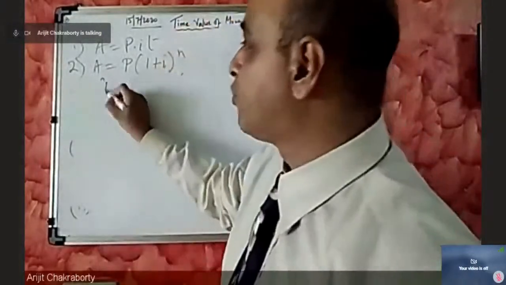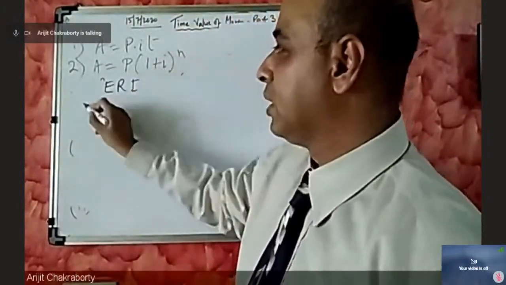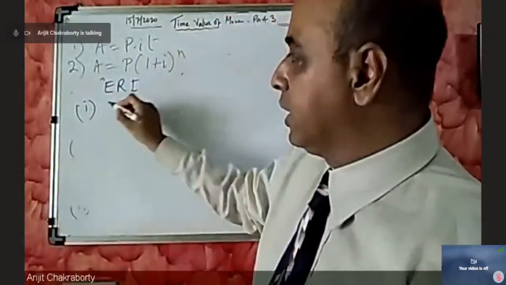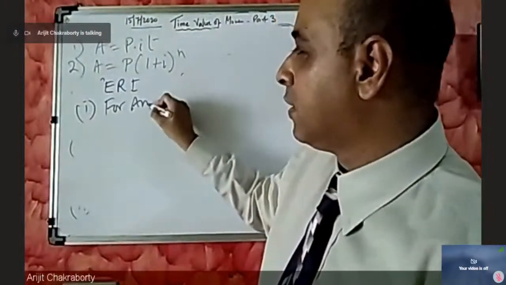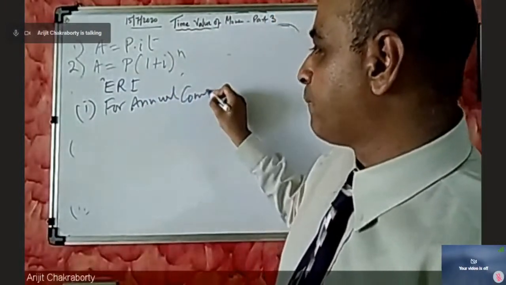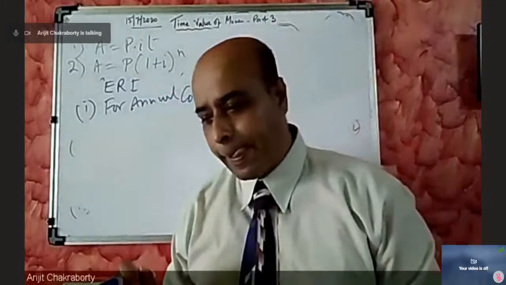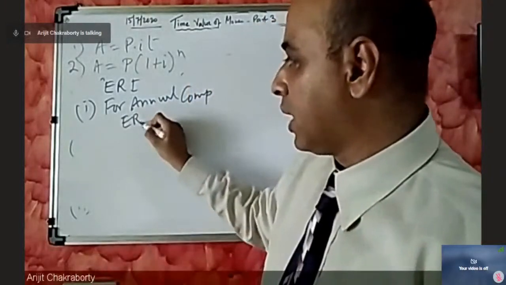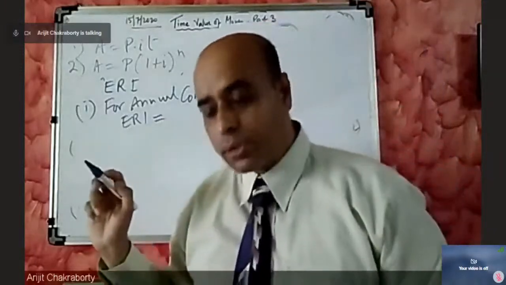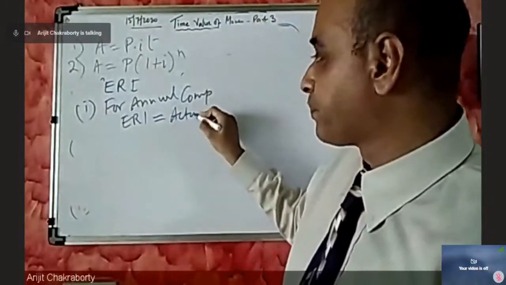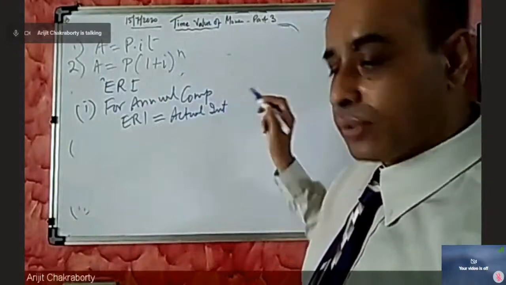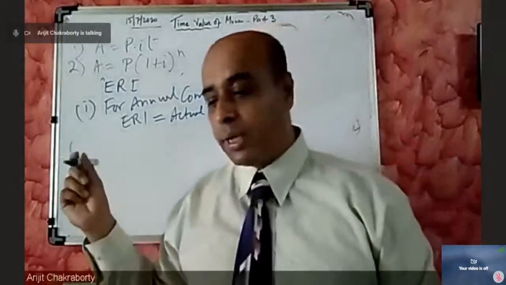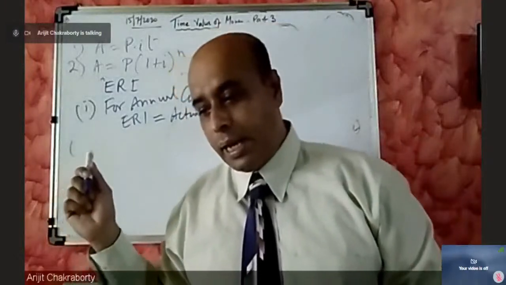So, when it comes to the effective rate of interest, first observation is, for annual compounding, the effective interest rate, the ERI, will be equal to the actual interest rate if the compounding is done annually.